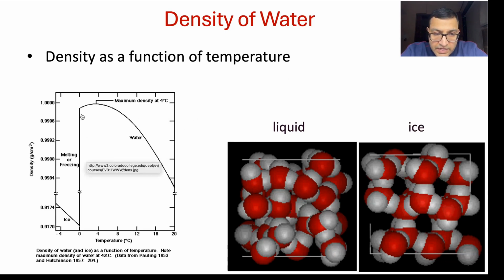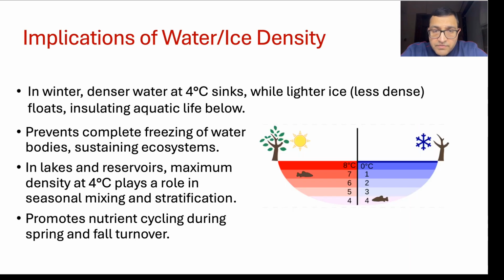So right at 0 degrees Celsius, when ice forms, this hexagonal structure takes shape, and the density rapidly reduces, and then again starts to increase as the temperature reduces further. But this phenomenon has very profound implications or ramifications in winter.